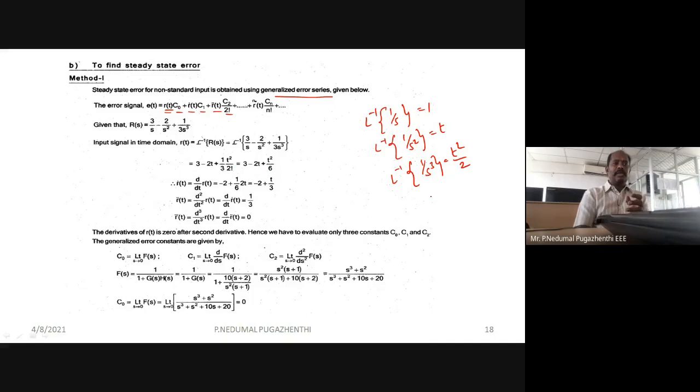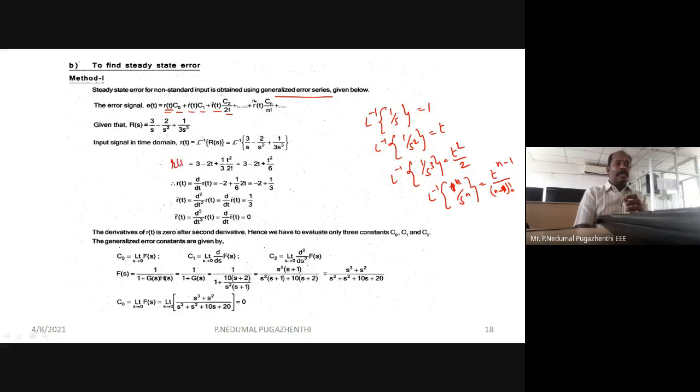In general, the Laplace inverse of 1 by s to the n is t to the n minus 1 divided by (n minus 1) factorial. So that's the idea, and I get this relation.